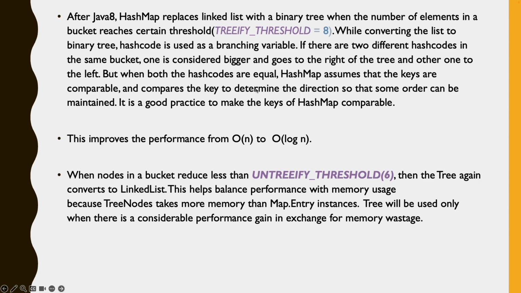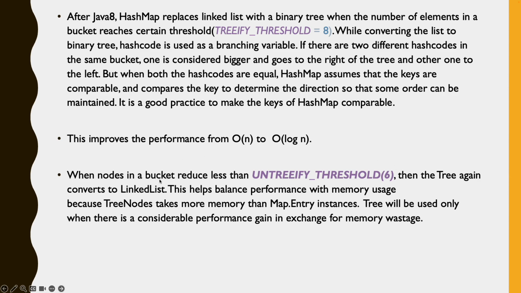Because of this conversion from linked list to binary tree, the performance has improved from order of n to order of log n. But there is a memory overhead when the linked list is converted to a binary tree. Will it remain as a binary tree even though the elements are removed? No, it is not the case.